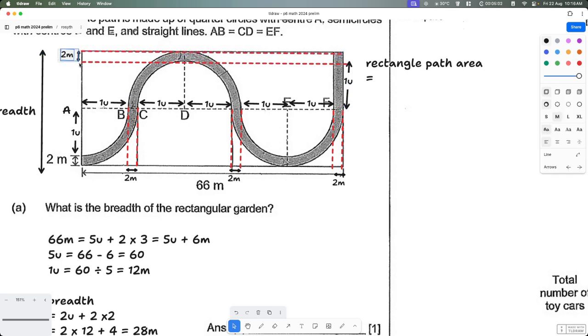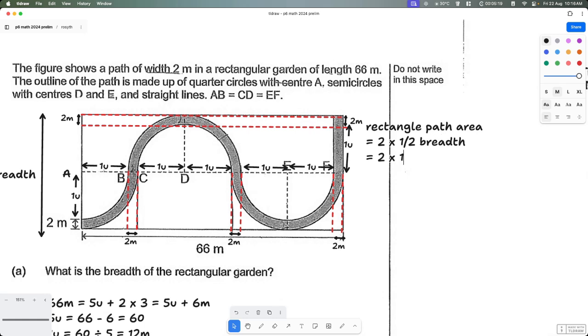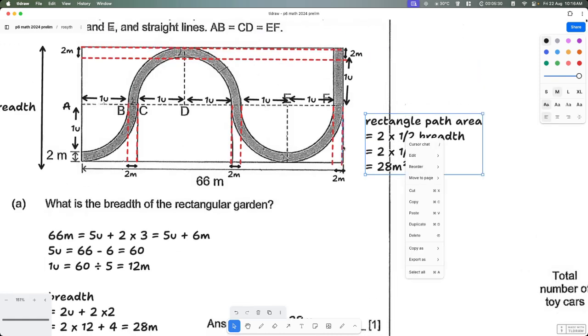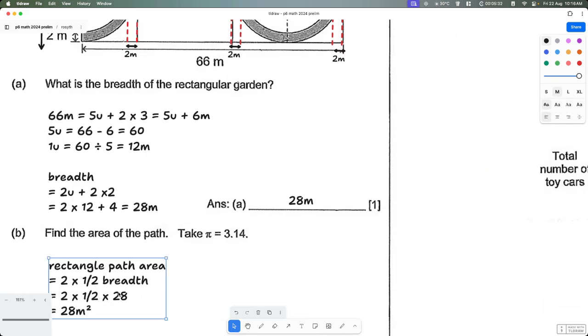So it is half the breadth, basically. So the width is 2 times half the breadth, which is equal to 2 times half times 28, which is equal to 28 meters square. Right, great. So now we know the rectangle path is 28 meters square. Let's put that first in.